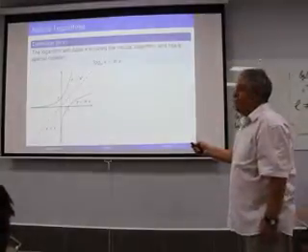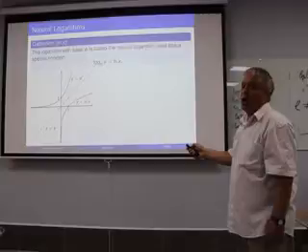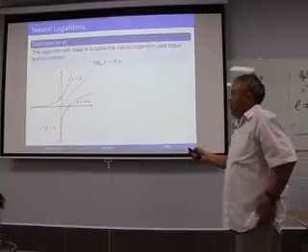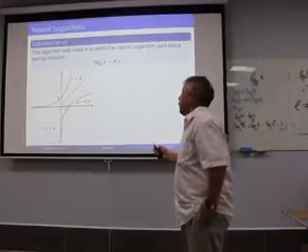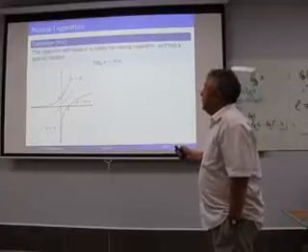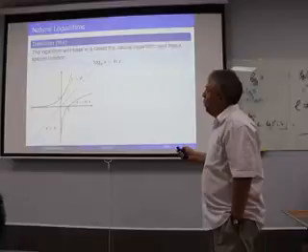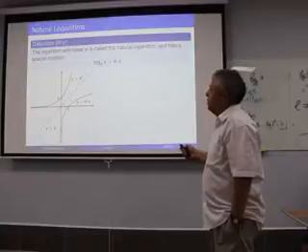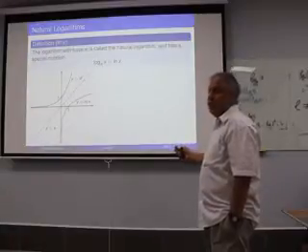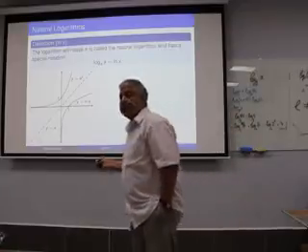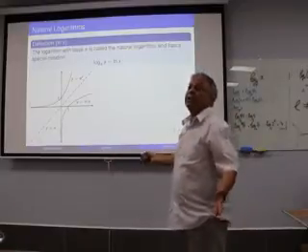When the base is this famous constant, the Euler constant, or the Napier constant, then, in order to save time, we don't write log and we don't write e. Just say ln of x. ln of x means logarithm with base e.